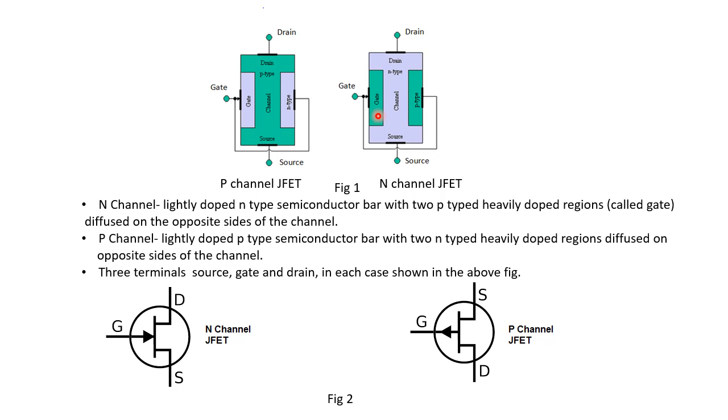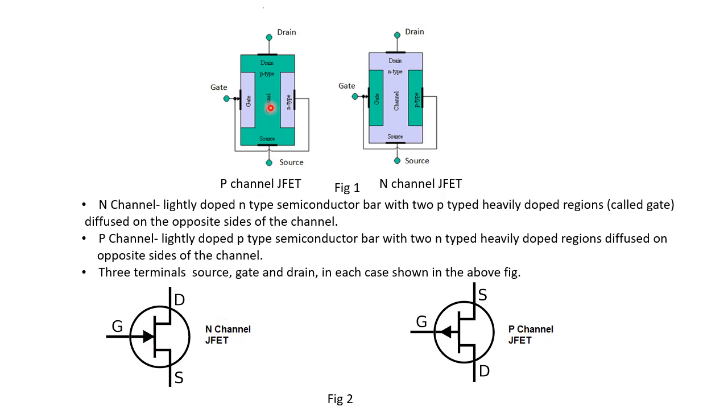Whenever there is a flow of positive charge, it will flow from the gate towards the channel. Therefore, in the symbol of N-channel FET, the direction of the arrow, which shows the direction of flow of the positive charge, will be from the gate towards the channel.